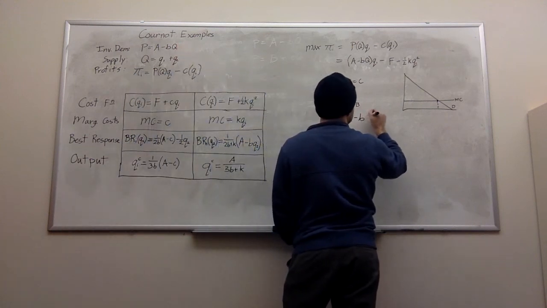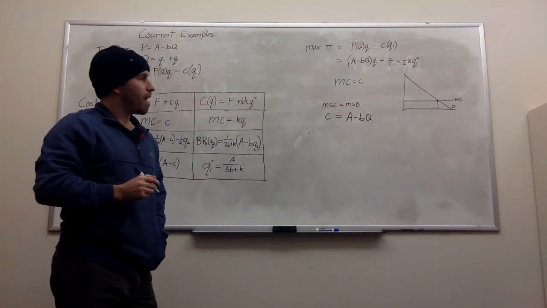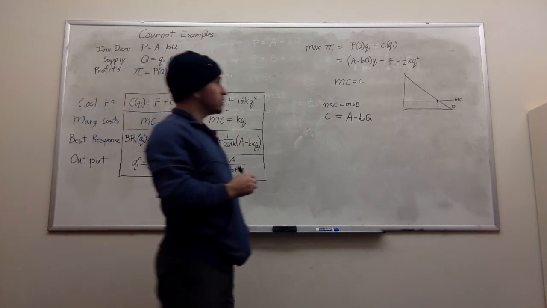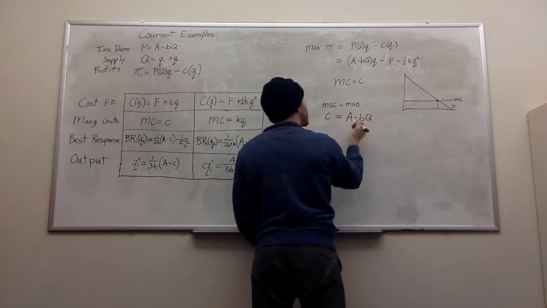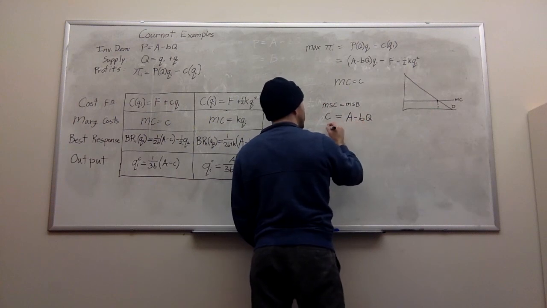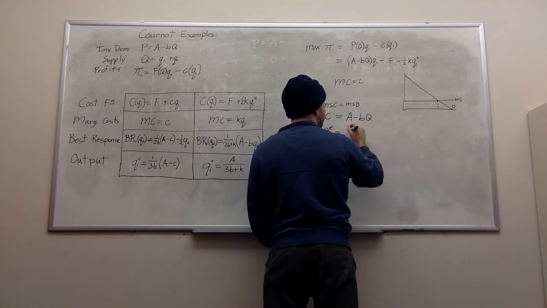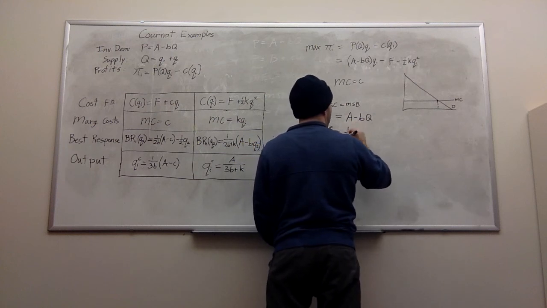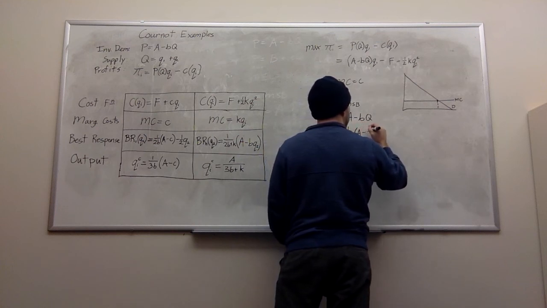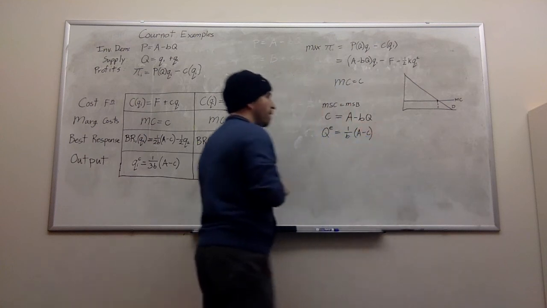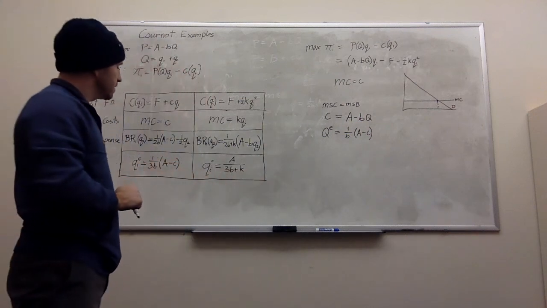That's A minus BQ. And solve that to get the total quantity that is the efficient output for this market. That is going to be QE equal to one over B times A minus C.